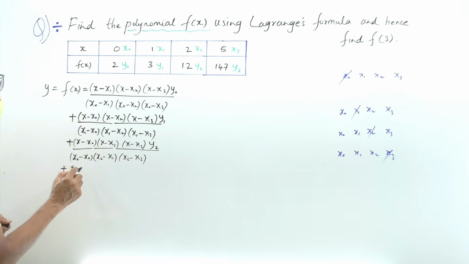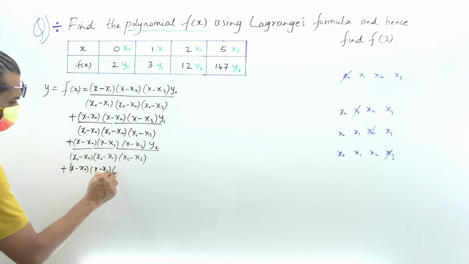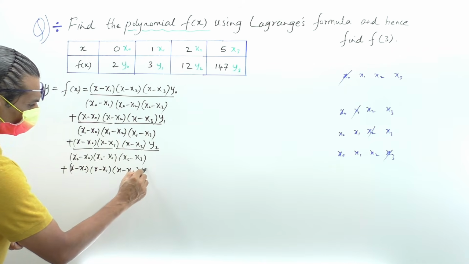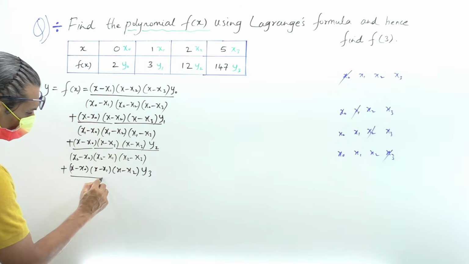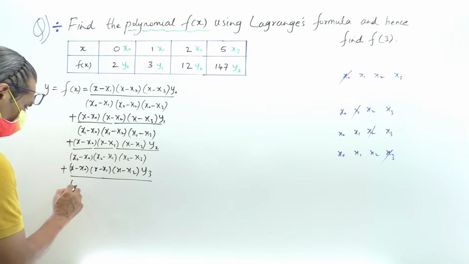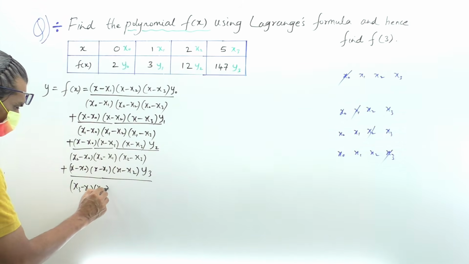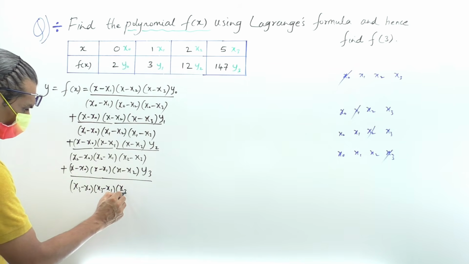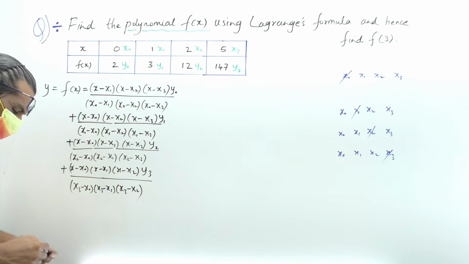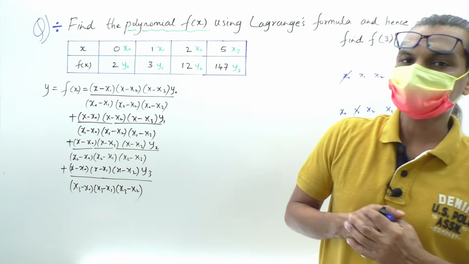Again, x minus x0, x minus x1, x minus x2 into y3 over x3 minus all terms, x3 minus x0, x3 minus x1 and x3 minus x2. That's it. This is the Lagrange's interpolation formula, beautifully structured.